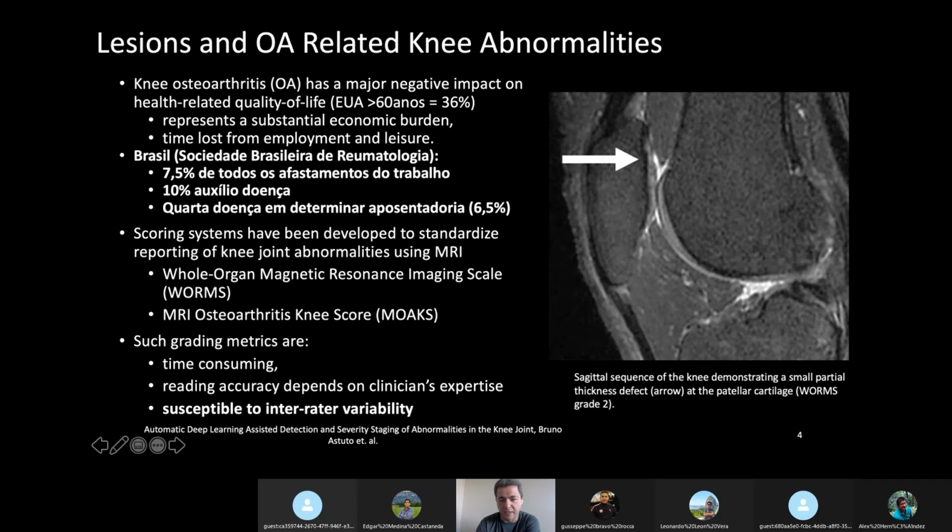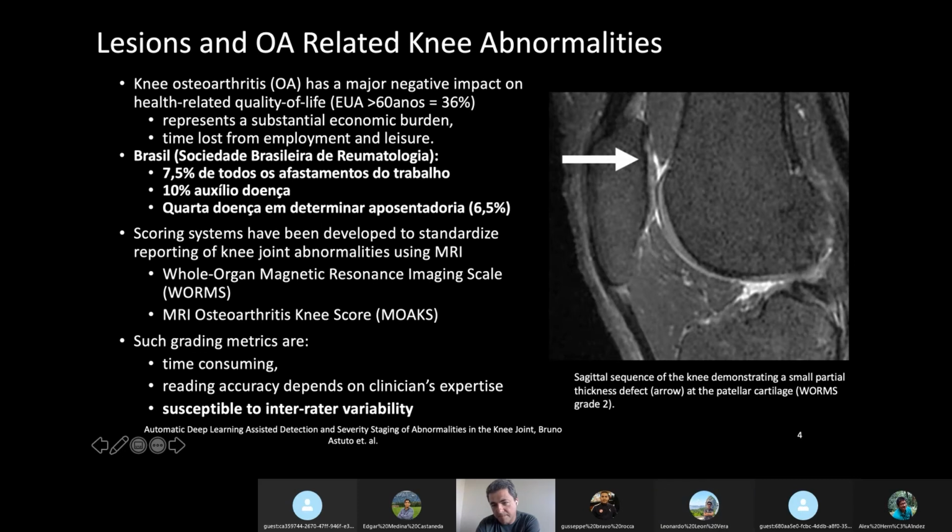The dark part here is the bone of the patella. Here the dark part is the femur, the bone, and this brighter structure here is the cartilage of the bone.